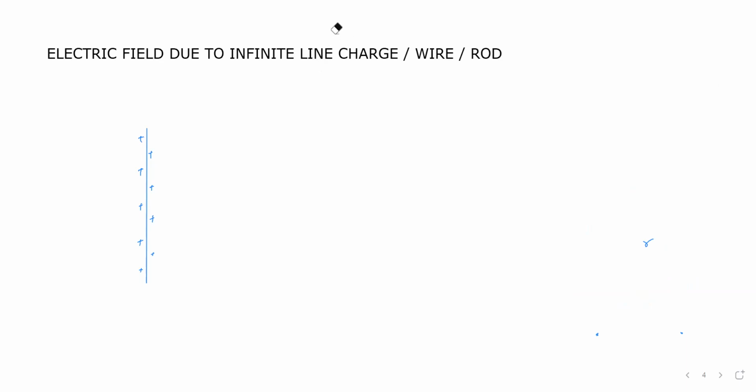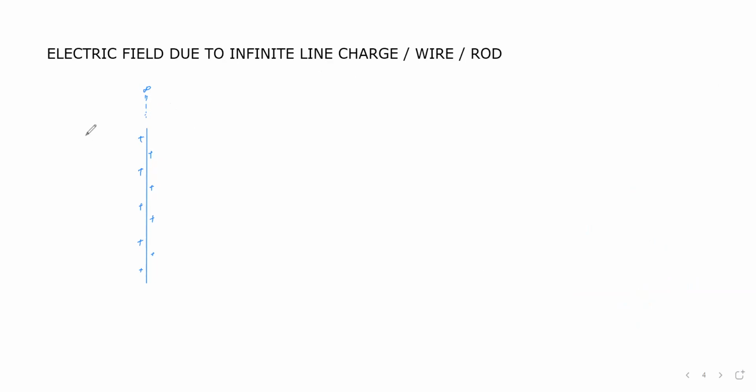Suppose that the length of this rod is L. This is infinitely long, but we can't show infinity here. We are considering a Gaussian surface according to the symmetry. What will be the symmetry?